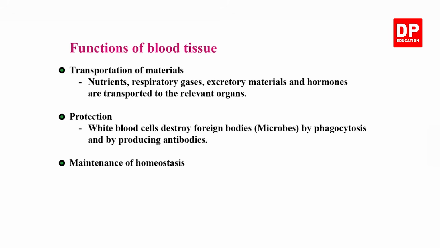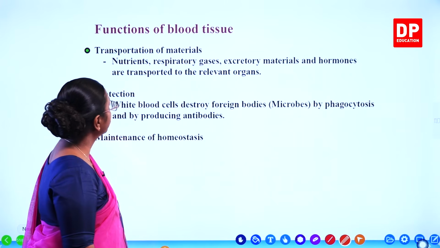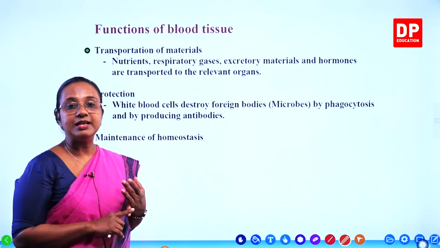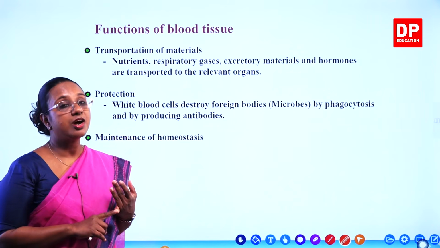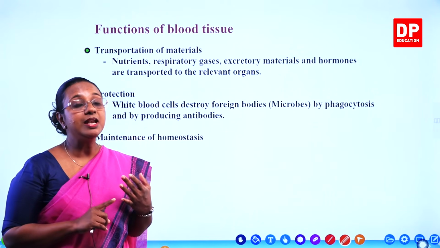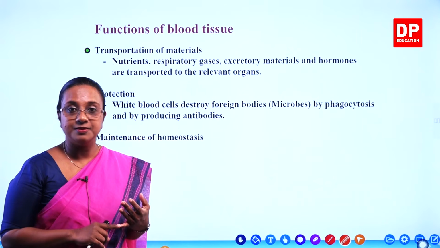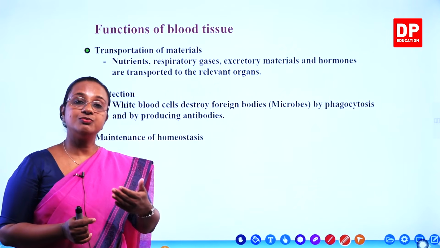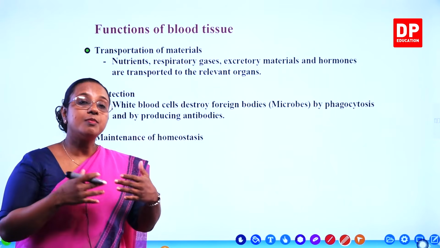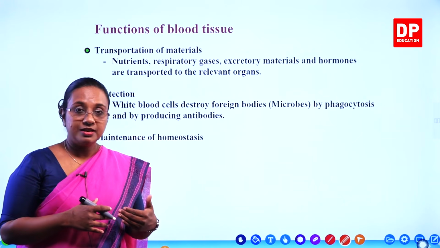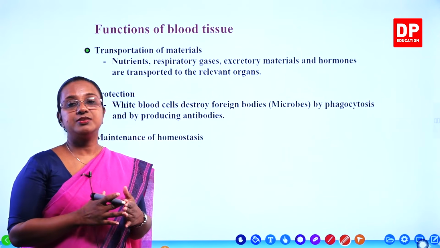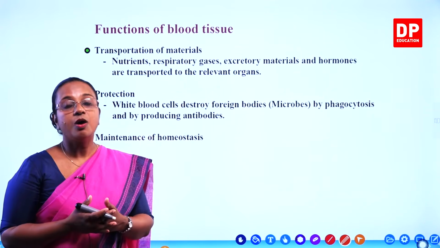Functions of blood tissue. One function is transportation of materials. We discussed one material, oxygen, which is transported by the red blood cells, RBC. In addition to that, carbon dioxide produced within the cells is brought back to the respiratory system, where carbon dioxide is removed and oxygen is obtained.